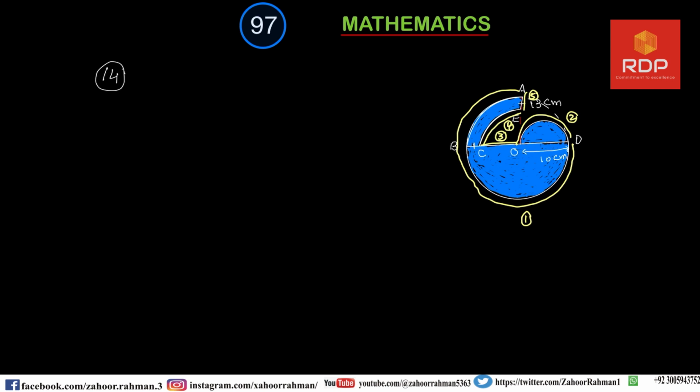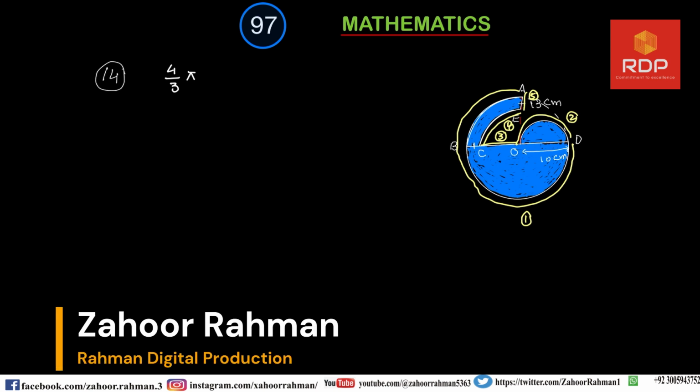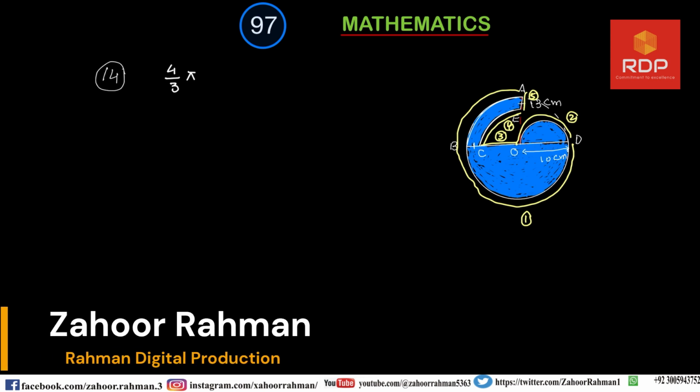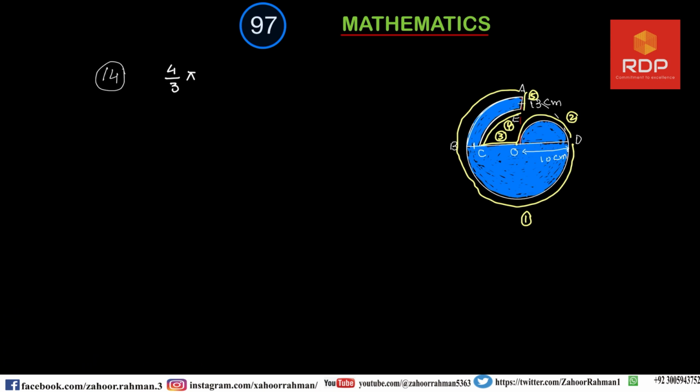Because this is 3 over 4, these are the 3 quarters out of 4, so we are going to write 3 over 4 into 2 pi, and the radius is 10 of this.